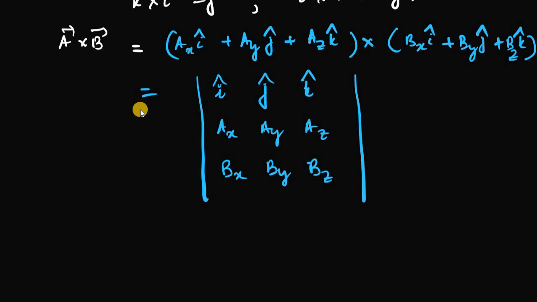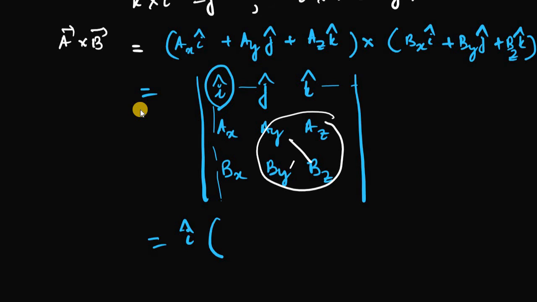And how to solve it? If I am taking i as common, it will be solved like this. Then I will leave this row and this column. What is left will be multiplied with the plus sign. How am I going to write it here?